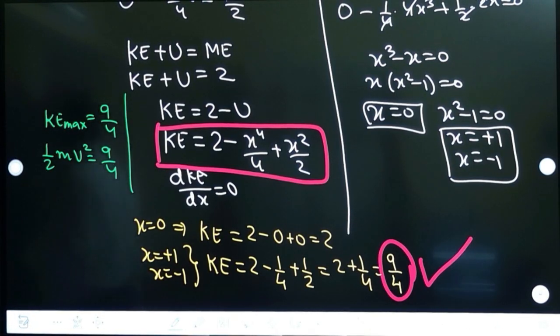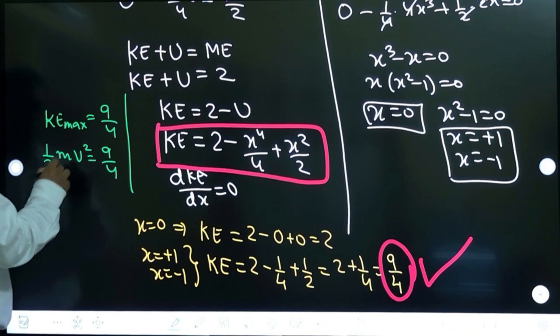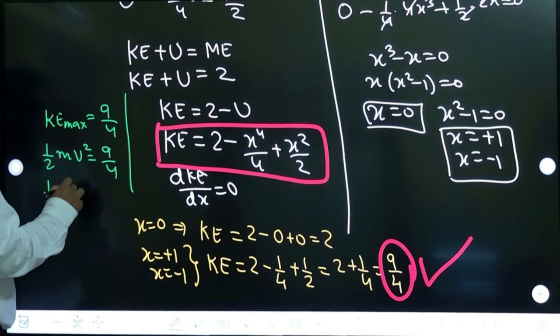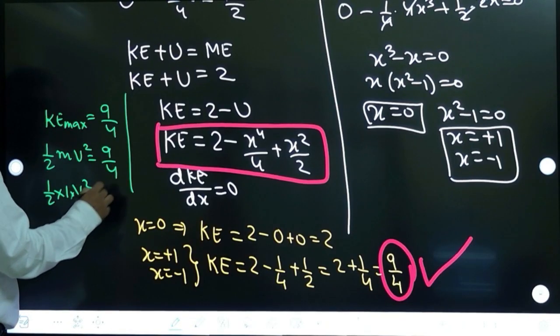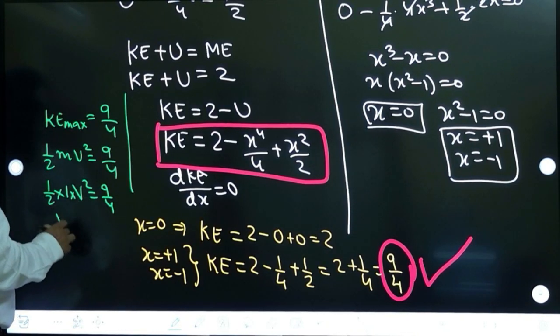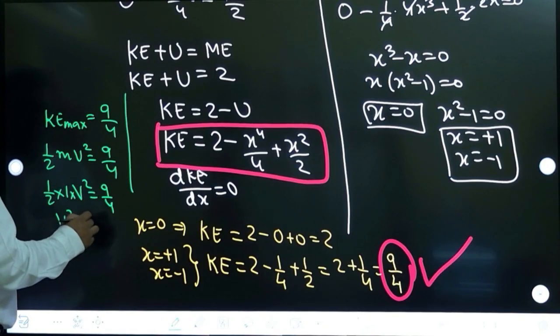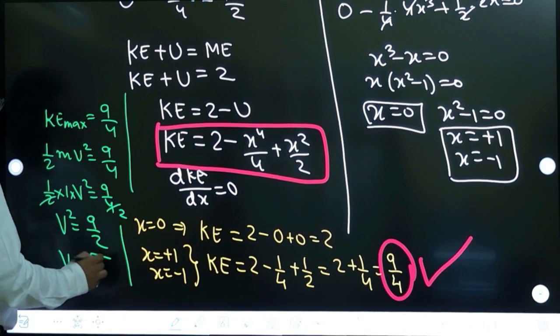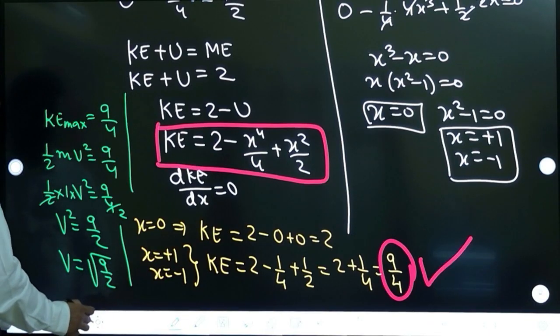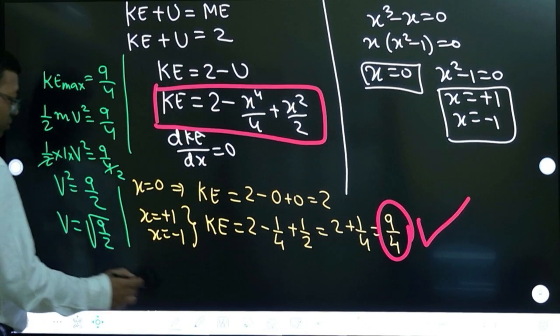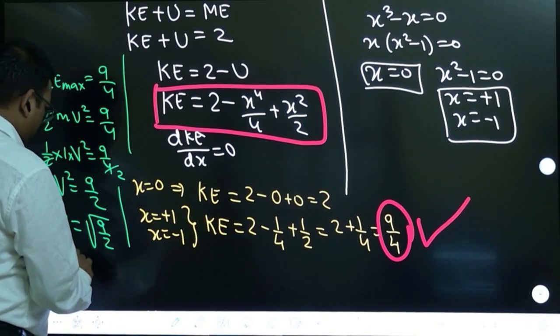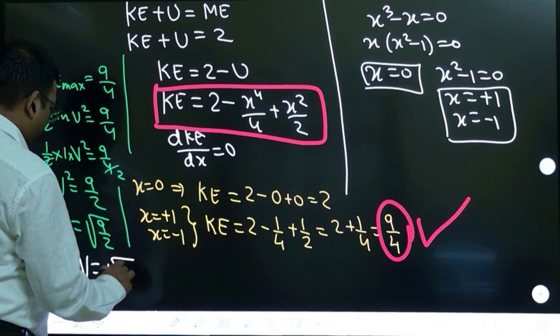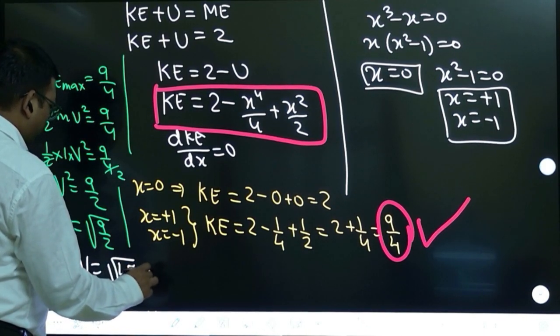Mass was given in the question as 1 kg. So 1 by 2 into 1 into v square is 9 by 4. The 2 gets cancelled, so v square is 9 by 2, and v is root under 9 by 2, which is root 4.5 meter per second.